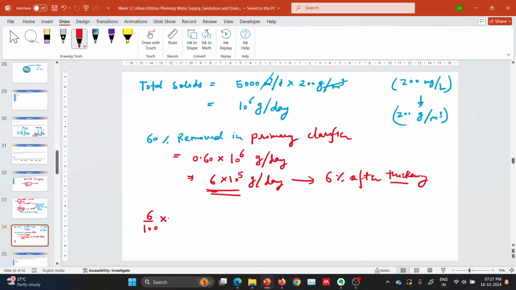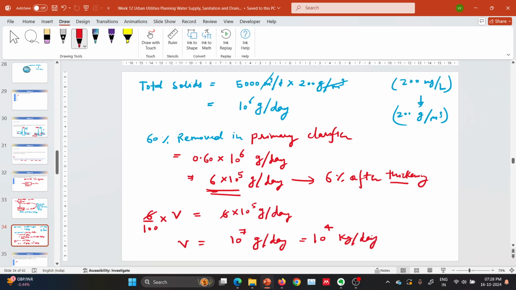So 6% of the total sludge is 6 into 10 to the power 5 grams per day. The total sludge will be 10 to the power 5 plus 6, 7 grams per day, or we can write 10 to the power 4 kg per day.